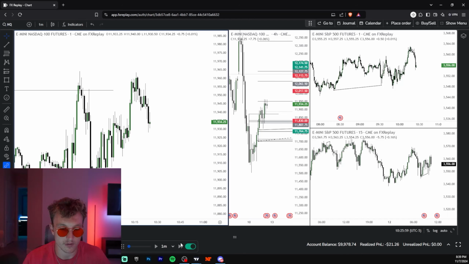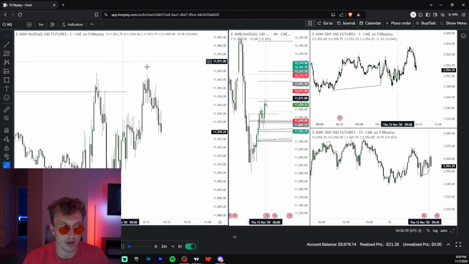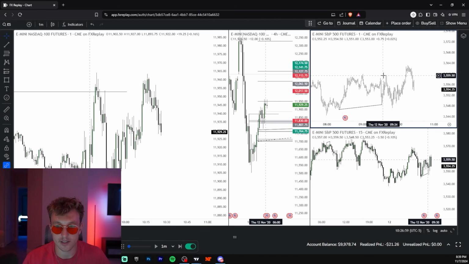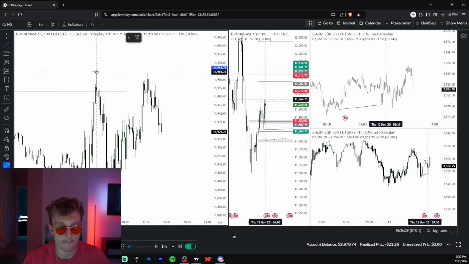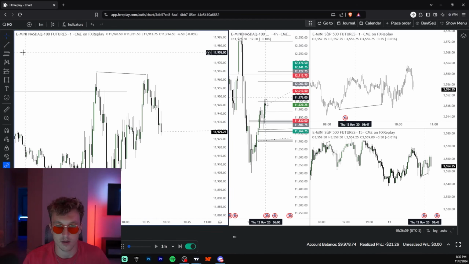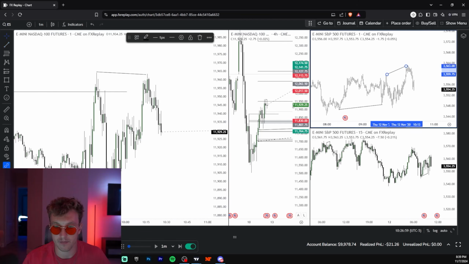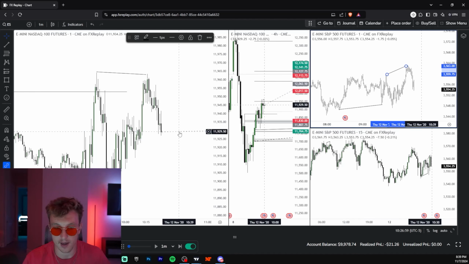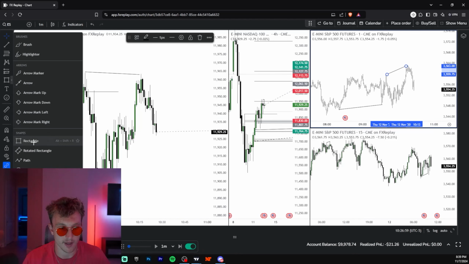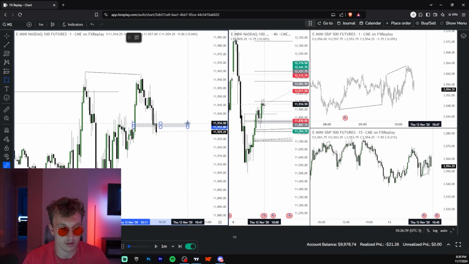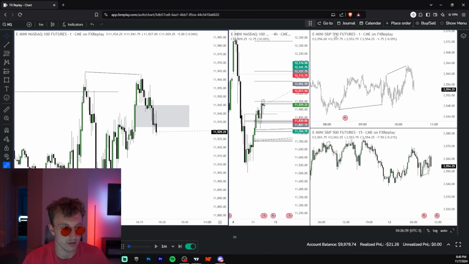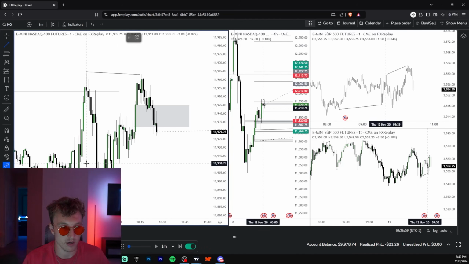Ooh, okay, let's see if this gives us entry. Okay, I do not mind this. There is an SMT at the top, okay? There's an SMT at the top. We're in a 4-hour fair value gap. Singular fair value gap, it inversed. We have LRLR below.